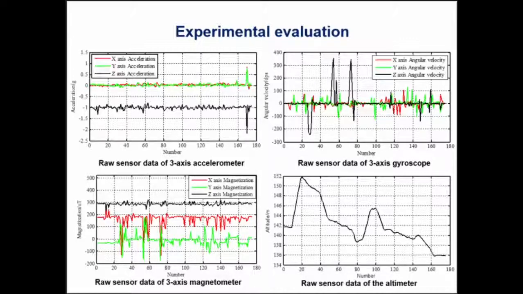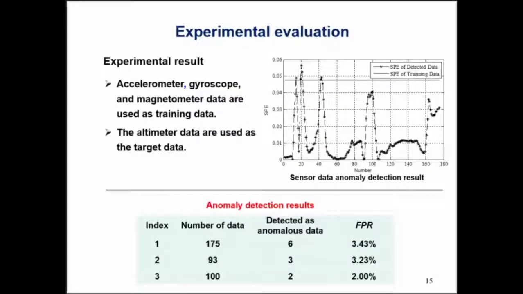We can see the three-axis accelerometer, three-axis gyroscope, three-axis magnetometer, and the raw data of the altimeter. In the following analysis, the accelerometer, gyroscope, and magnetometer data are used as the training data. And the altimeter data are used as the target data on which we carry out the anomaly detection.